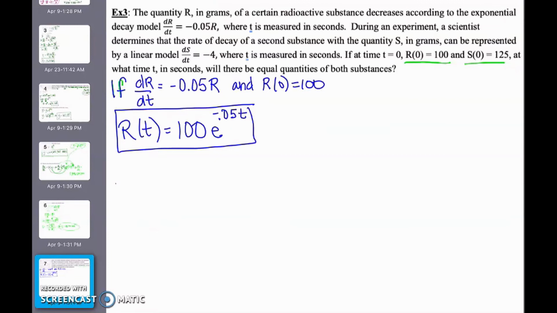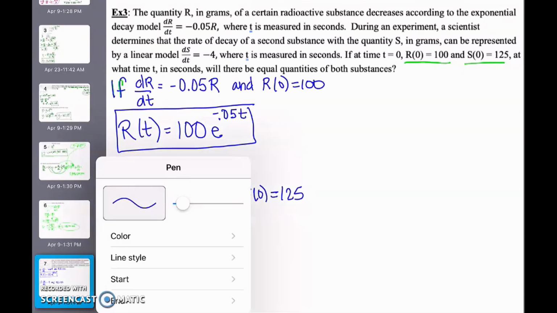Okay, and then they tell us that we've got this other function, dS/dt. And this is a linear model, right? That makes sense because if the derivative is a constant, then the antiderivative had to be a linear function where t is measured in seconds. And they tell us here that S of 0 is equal to 125.